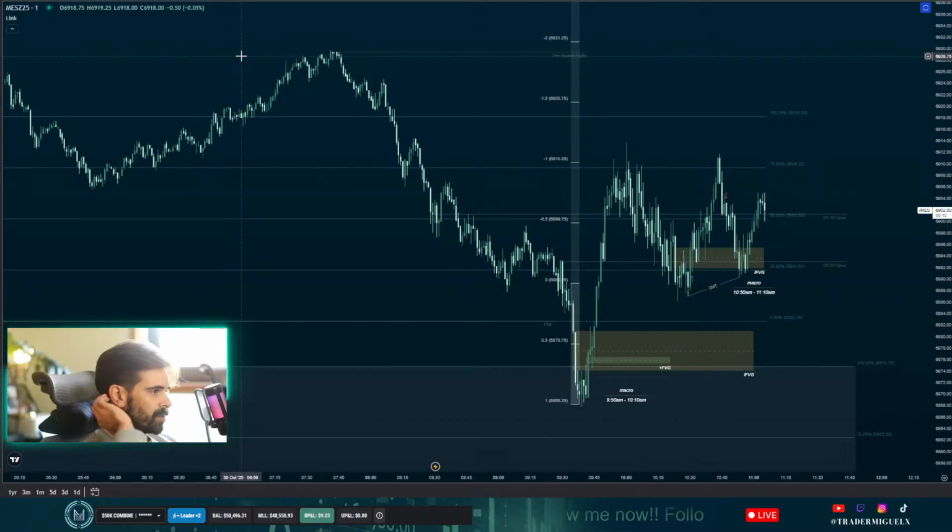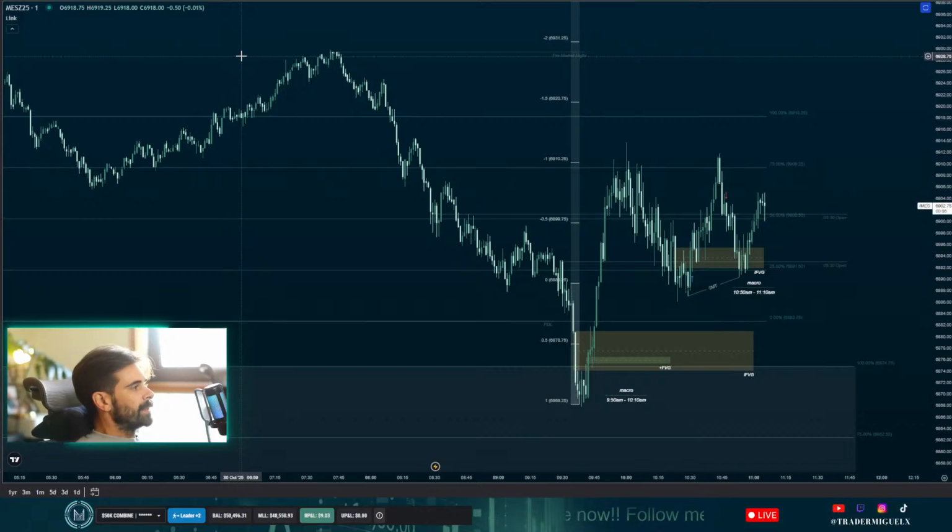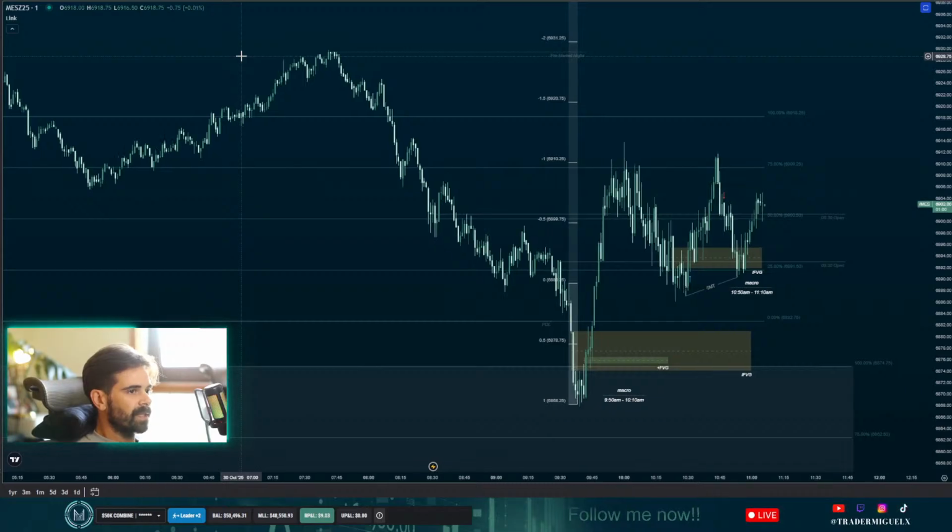And if you look into the 15 minutes, it's once again ranging, giving us that ugly price action on the 15 minutes. So lately it has been just like this, where price just ranges inside New York AM session, giving us not much to work with.